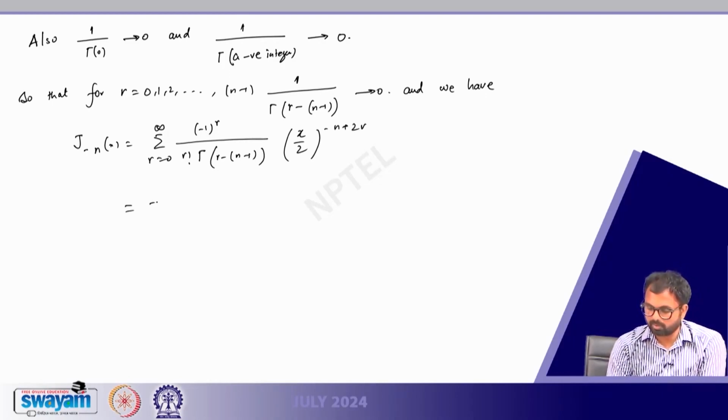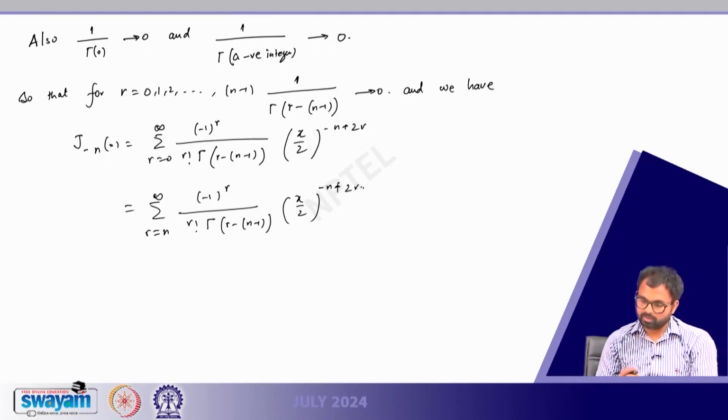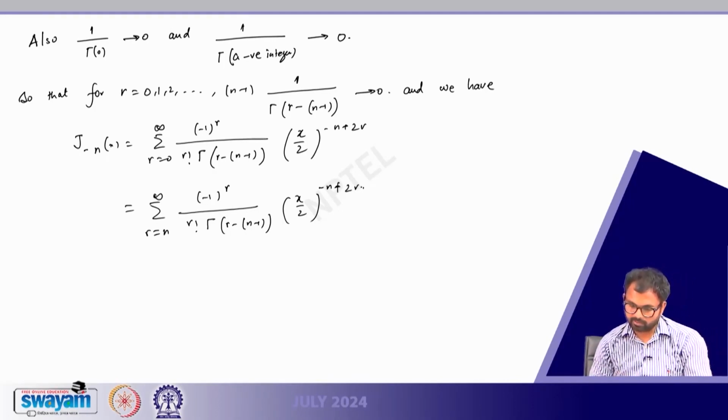This can be further simplified: summation r running from n to infinity, minus 1 to the power r by factorial r gamma r minus n plus 1, x by 2 to the power minus n plus 2r, because when r is running from 0 to n minus 1, all these gammas are tending to 0. So we can start from n.